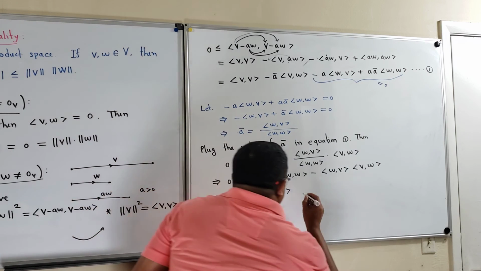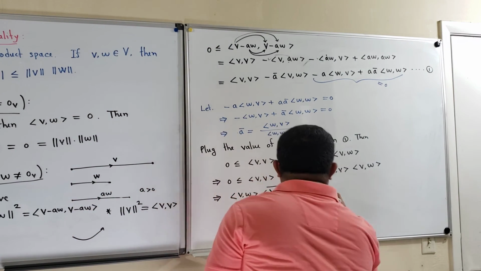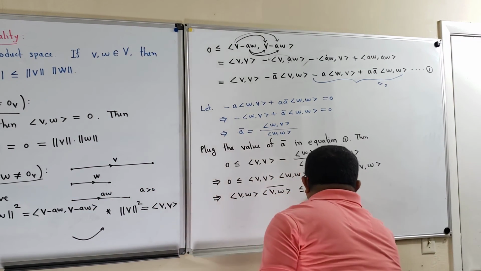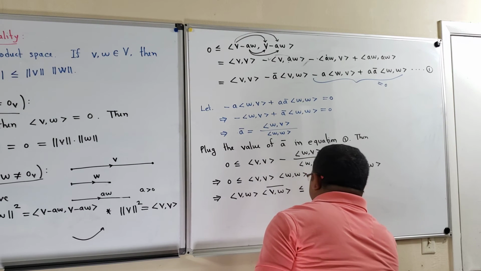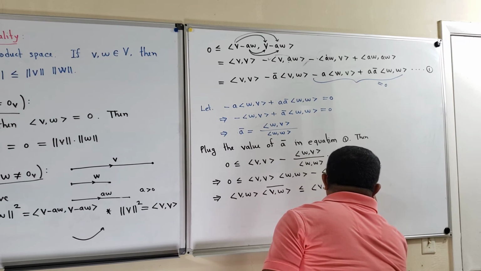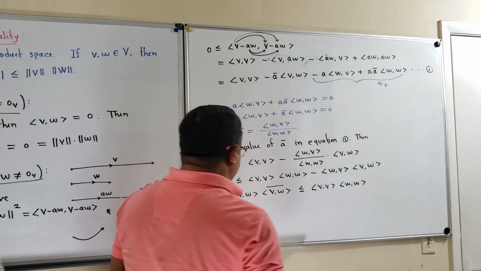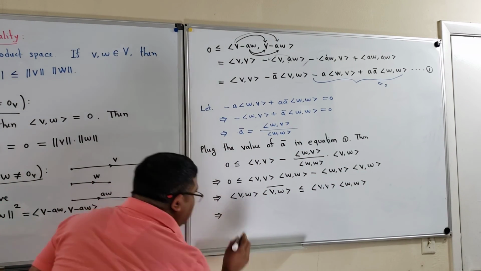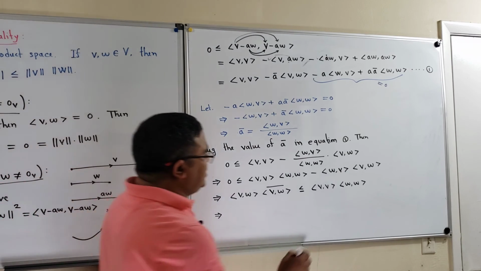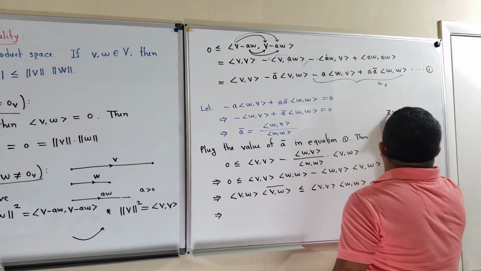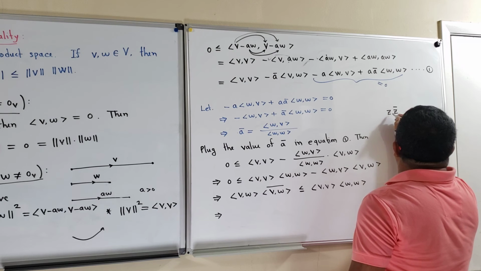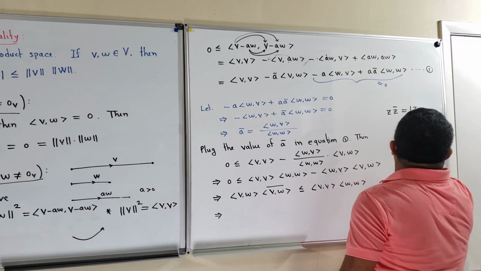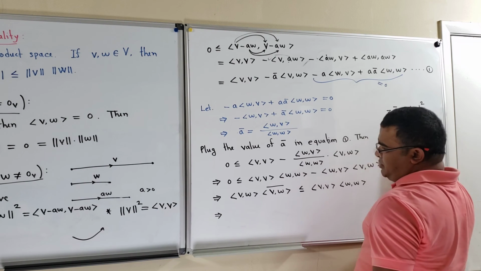Okay, this is less than or equal to inner product of V, V times inner product of W, W. Now this one, for any complex number, if Z is a complex number and Z bar is the conjugate of Z, then Z times Z bar is the absolute value of Z square.